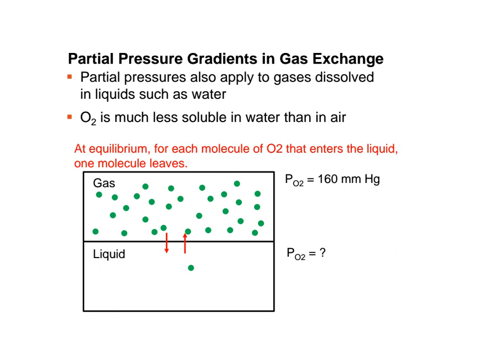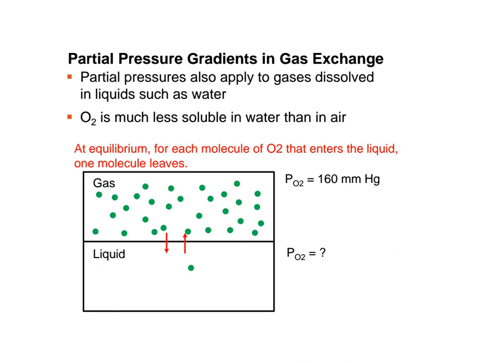So this is one common example in which we need to understand what would happen at such an interface. So let's look at this picture here. At equilibrium, I'm showing you a picture in which you have oxygen molecules shown in green, and that's in the gas within the air within, say, the alveolar airspace. And then you have some oxygen that's diffused into the liquid within, say, each alveolus.